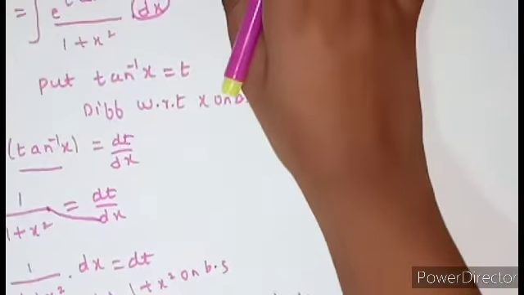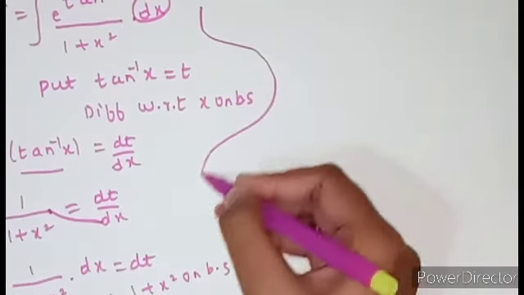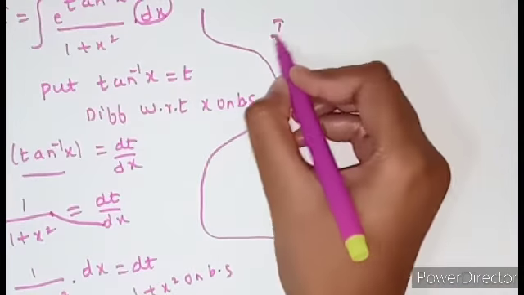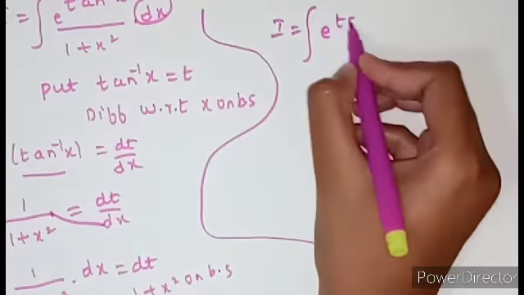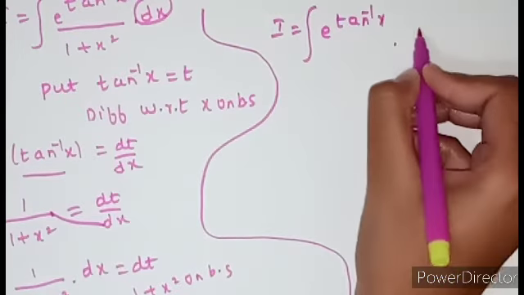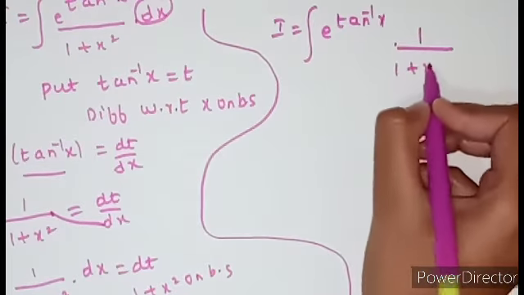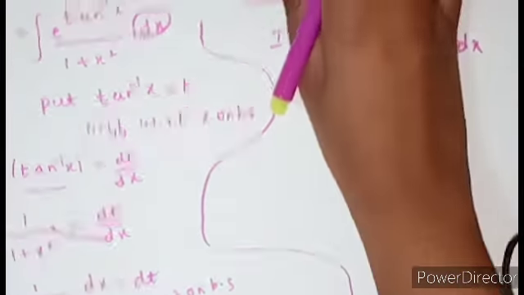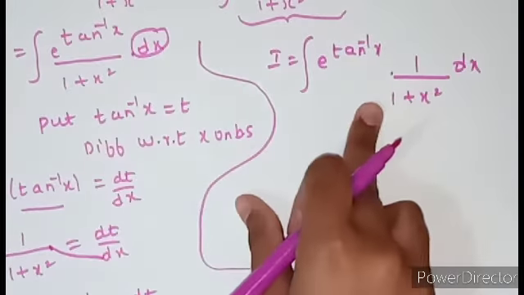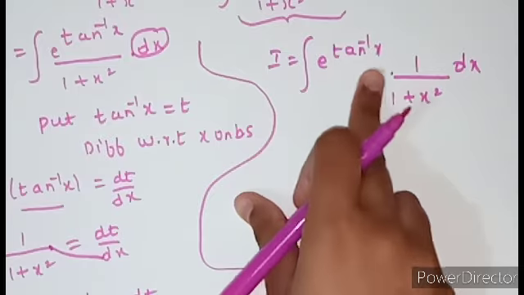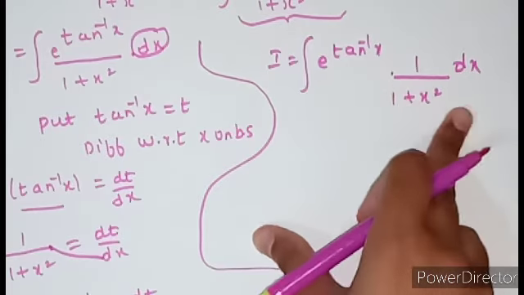Now substitute all these values in the integral. Here the integral is I is equal to e tan inverse of x into 1 upon 1 plus x square dx. This integral can also be written as e power tan inverse x into 1 upon 1 plus x square dx.